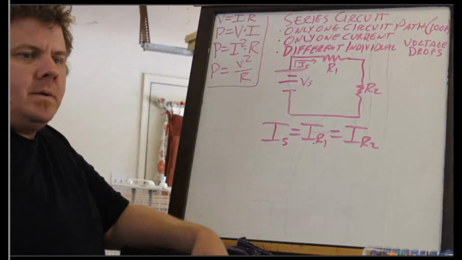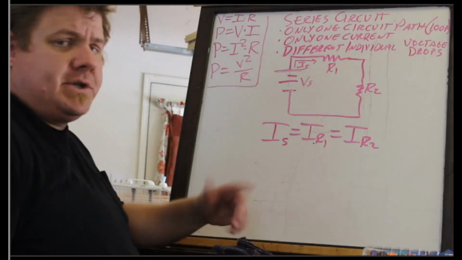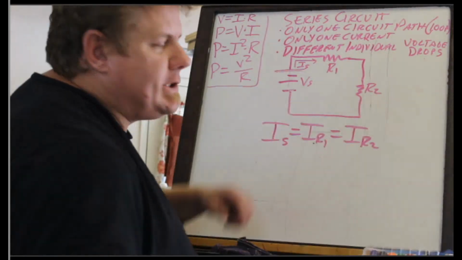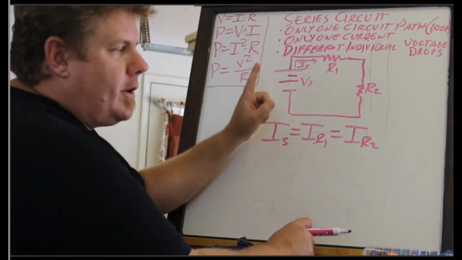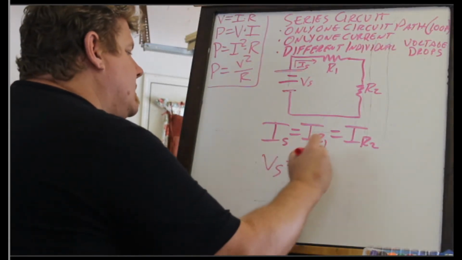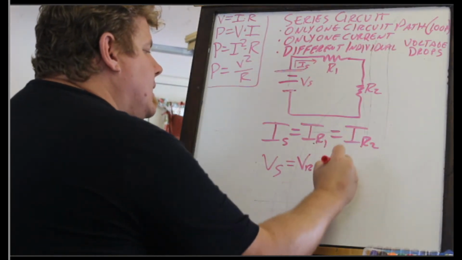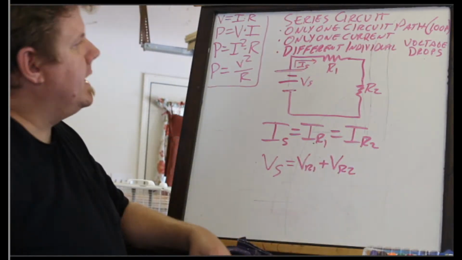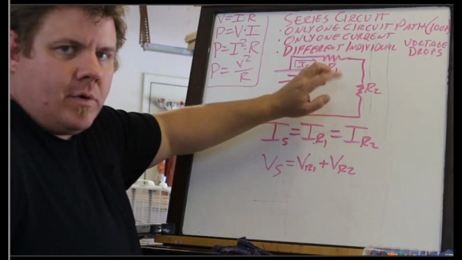Okay? So we're going to find that in a purely parallel circuit, it's just the opposite. All of them have the same voltage drop, but they have different currents. In a series circuit, there is only one current. They all share the same, but you're going to have this equal the voltage of R1 plus the voltage of R2. Okay? You can't create or destroy matter or energy, right?